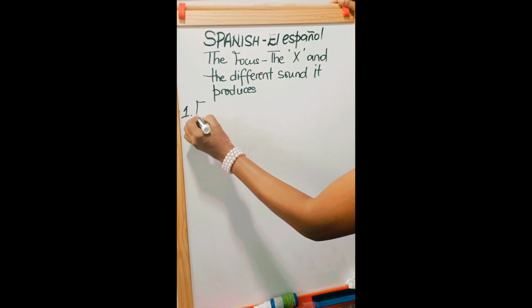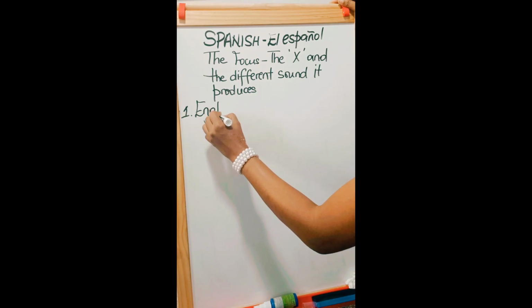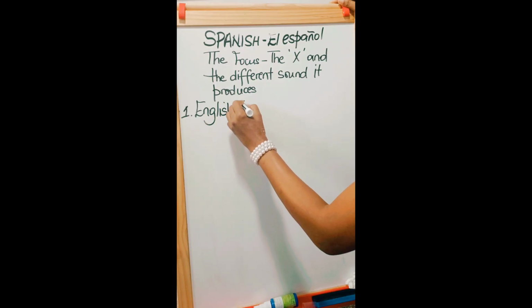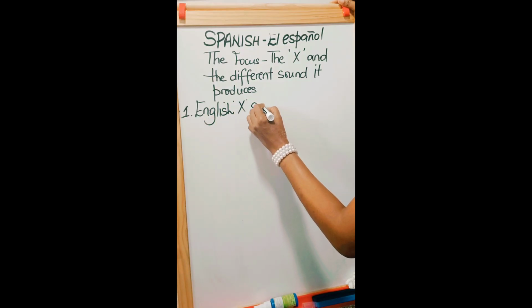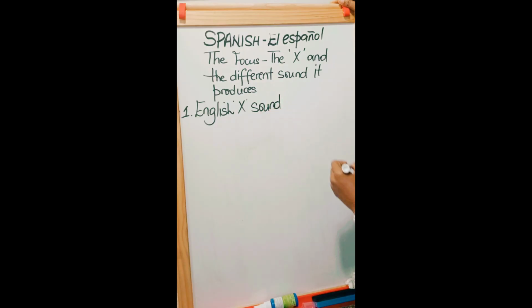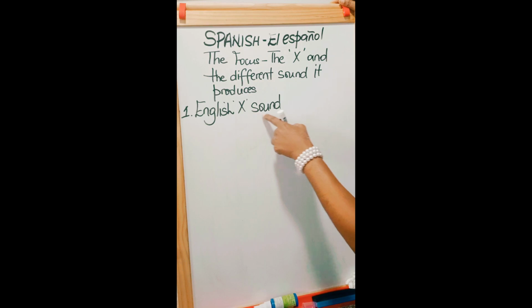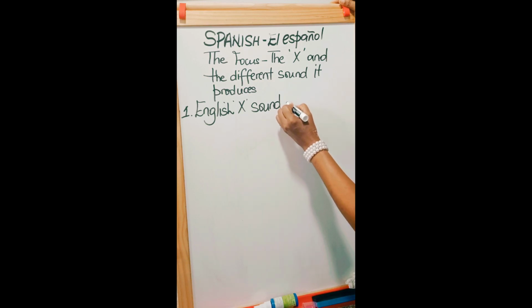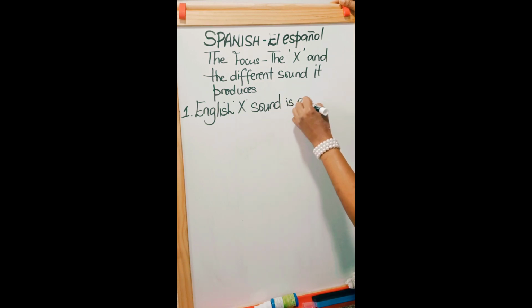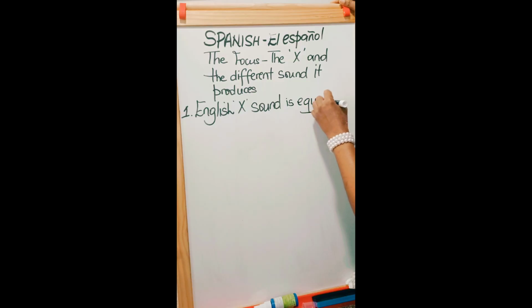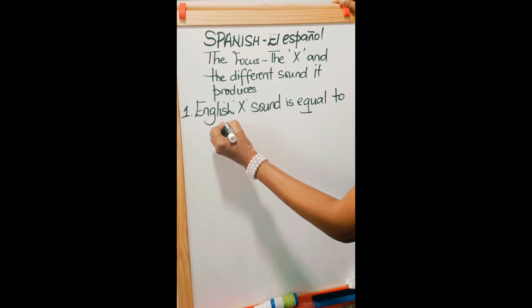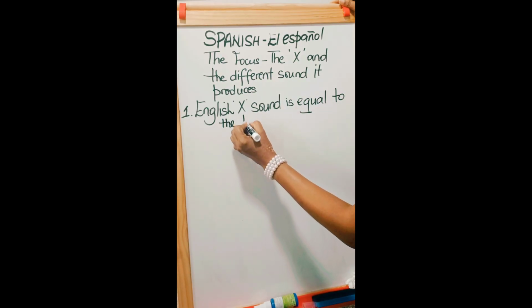First of the 4 is the English X sound. I'm going to give you a few words, not too many. The English X sound is also similar to the KS sound, right? So the English X sound is equal to the KS sound.